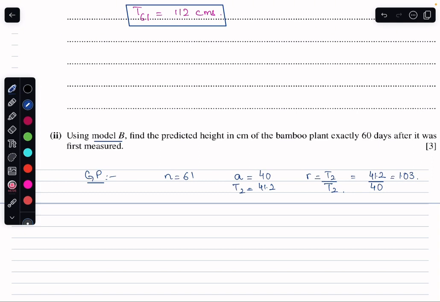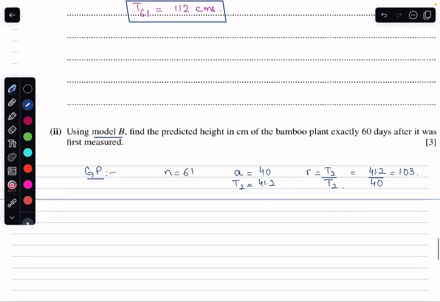This is going to be the data that I have, and I need to find the predicted height in centimeters on the 61st day.